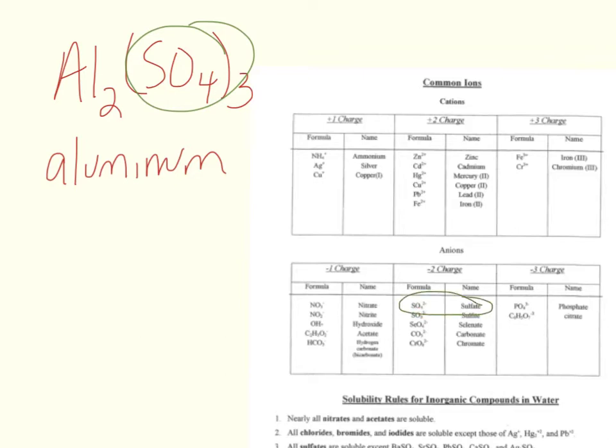Now I'm writing these underneath each other. They would be written in one long line. I'm just trying to keep the chart visible to you. So aluminum sulfate is your name.